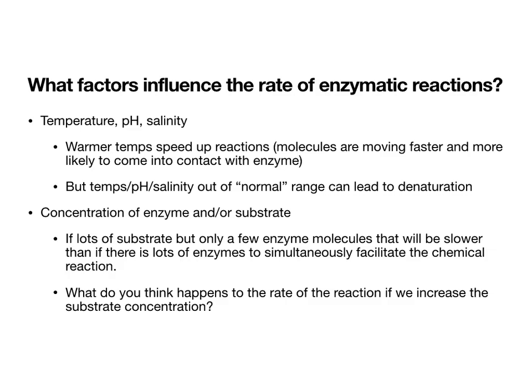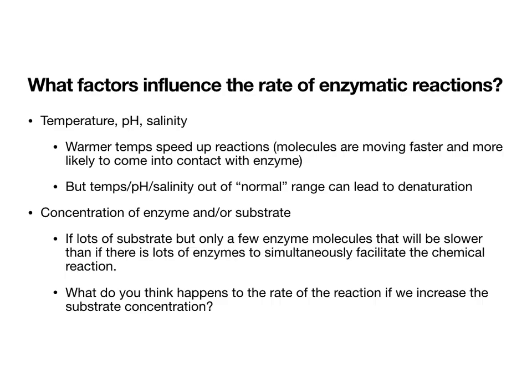So what factors are going to influence the rate of an enzymatic reaction? Temperature and pH and salinity are all going to affect the rate of that reaction. Warmer temperatures speed up reactions. Molecules are moving faster and more likely to come in contact with enzymes. So you can think of a hurricane. Hurricanes like warmer water. In the winter months, our waters are colder.